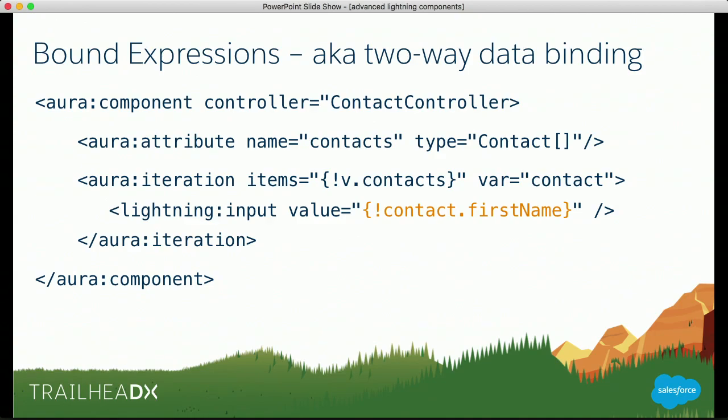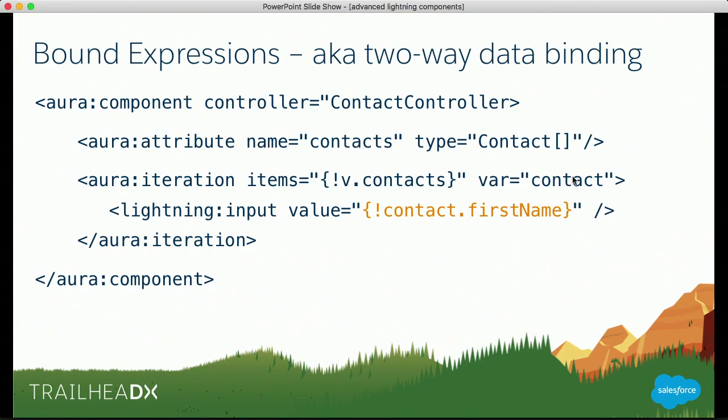That is what we call bound expressions. And that is, in fact, an implementation of two-way data binding, also known as bidirectional data binding. Now, what that means in terms of being bidirectional is that if the model changes, what is the model in this case? It's the attribute, right?